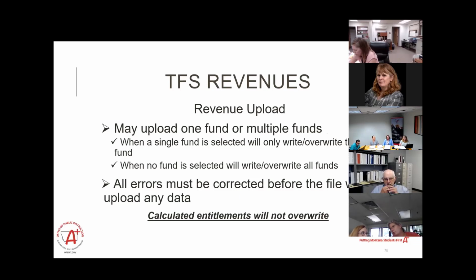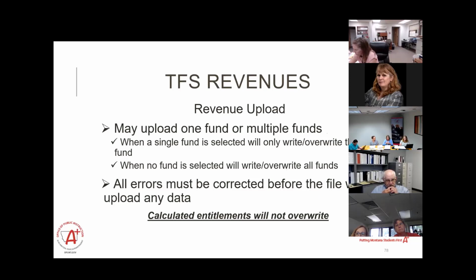You can upload revenues either by fund or you can do by multiple funds. When you do a single fund, it will only overwrite or it will only come into that one fund. The thing that you have to remember about this is if you've already entered numbers in there, it's going to overwrite the numbers that you put in there.